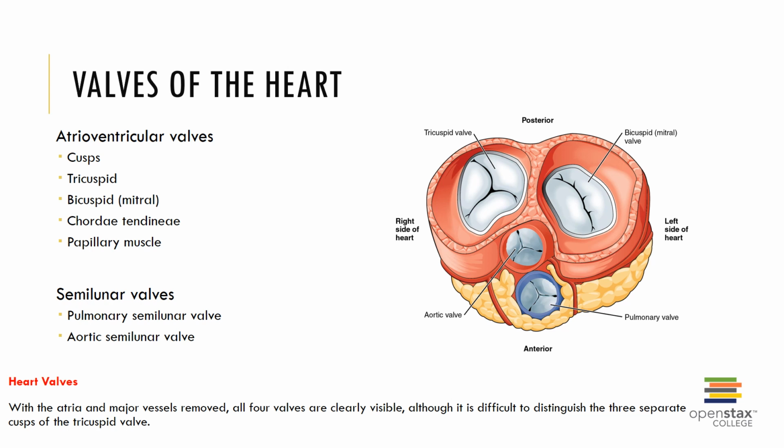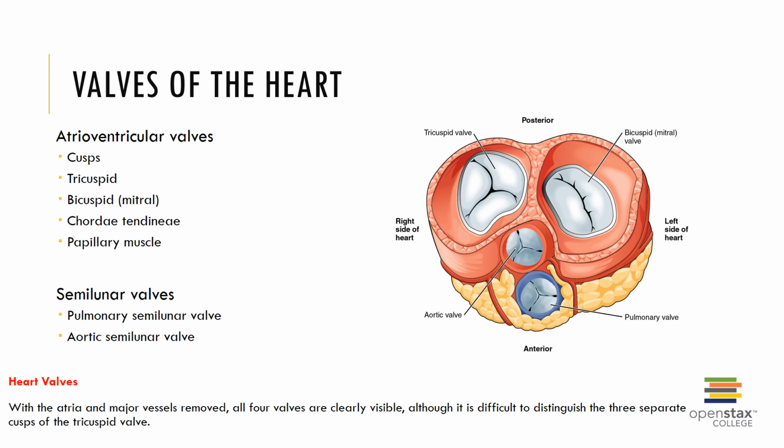The bicuspid, also called the mitral valve, possesses only two cusps and allows the flow of blood from the left atrium to the left ventricle, but prevents backflow during ventricular contractions.